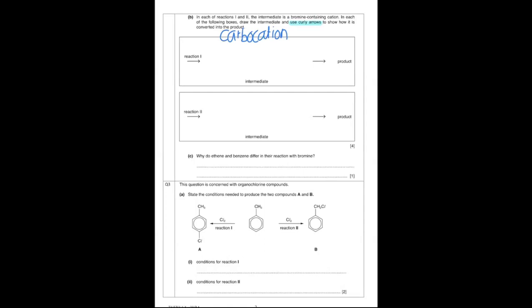Why do ethene and benzene differ in their reaction with bromine? Obviously, both of them have different mechanisms. But the reason why benzene is different from ethene or any other alkenes is the double bond is not the same.